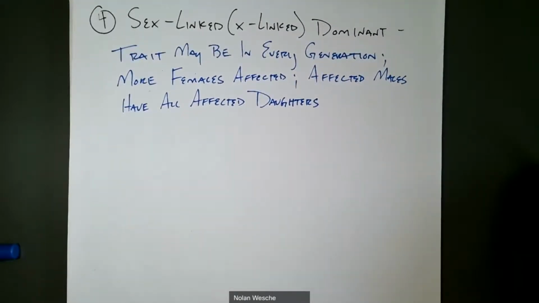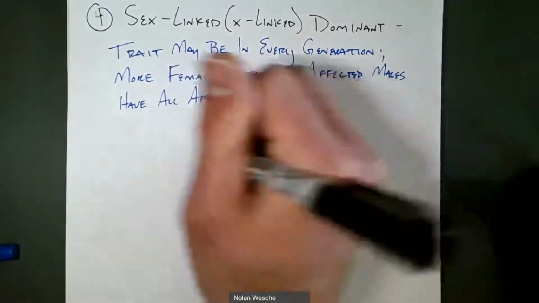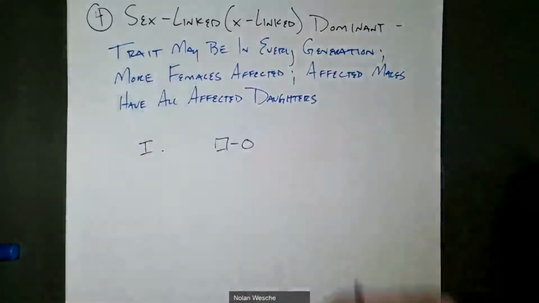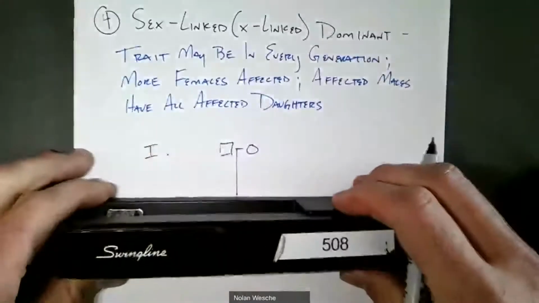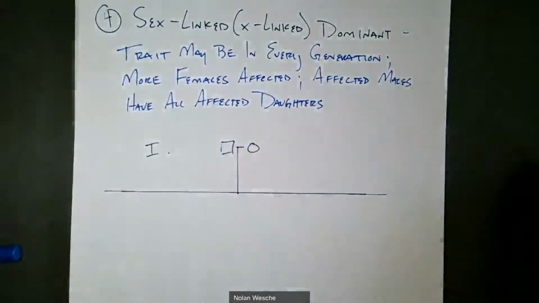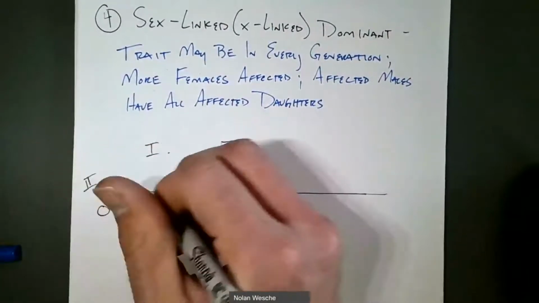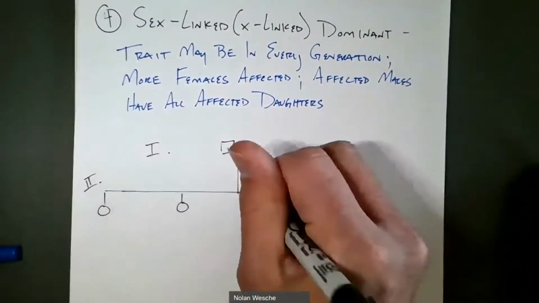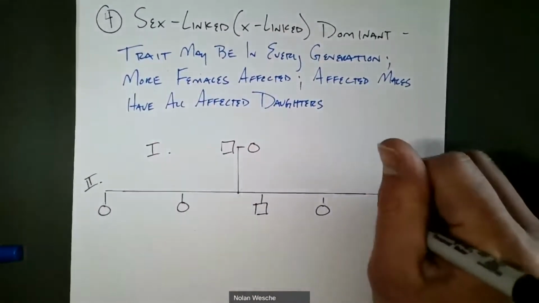So again, let's start with a male and a female. So that's generation 1. Here's generation 2. And we're going to put a female here, another female, a male, female, and a male.